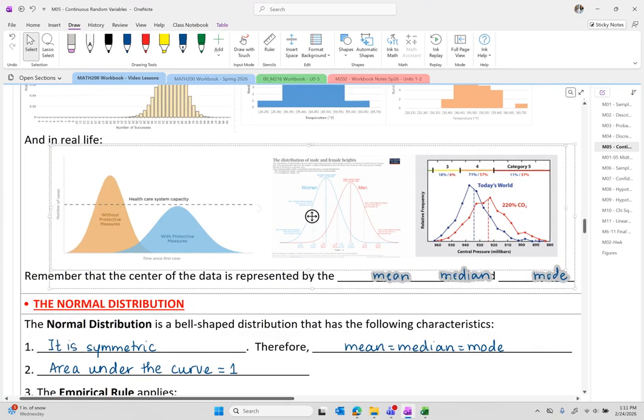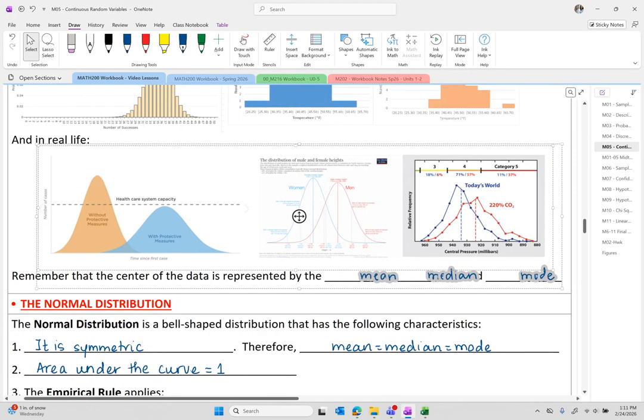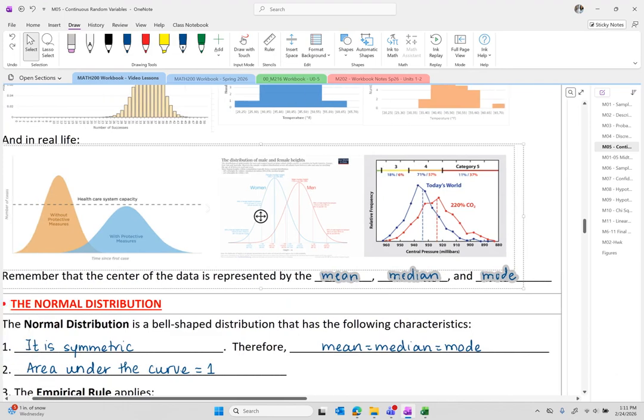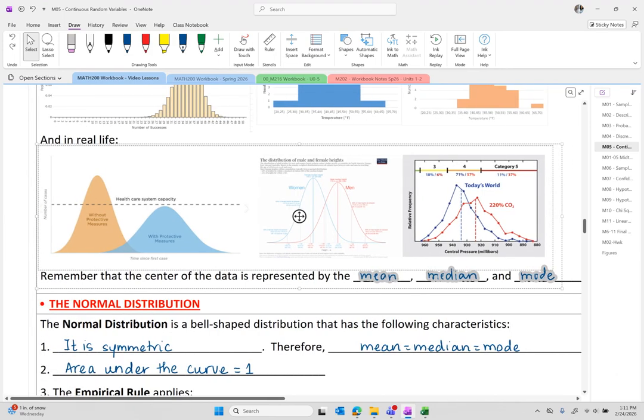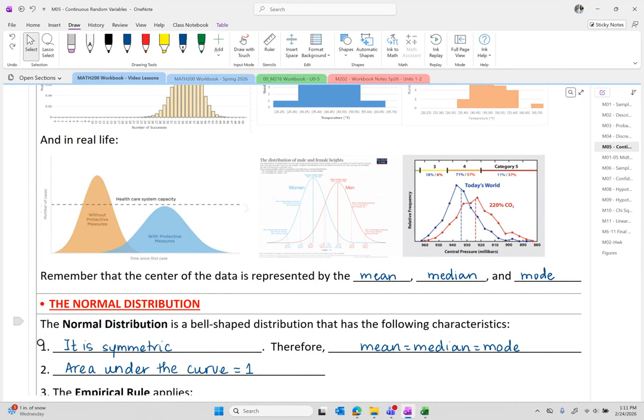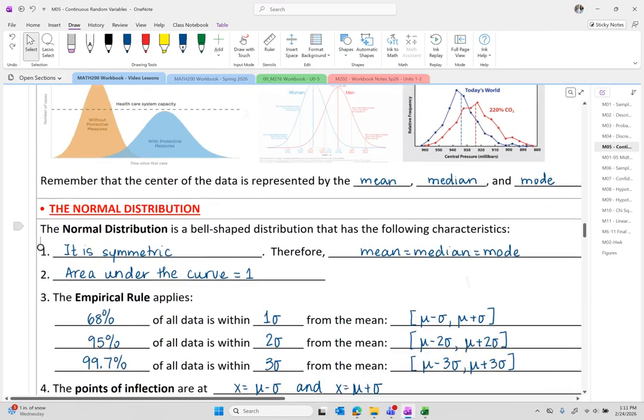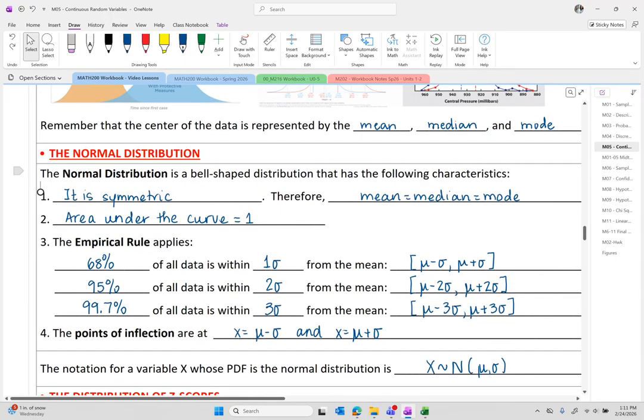And remember that the measures of center are the mean, the median, and the mode. And when we have a normal distribution, which is the most popular one of the bell-shaped distributions, it has the property that it is symmetric.